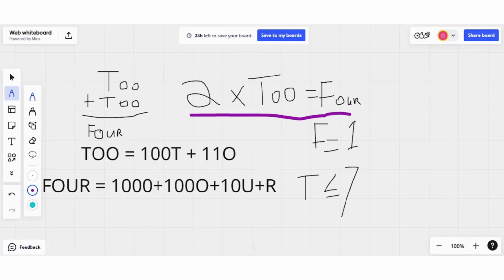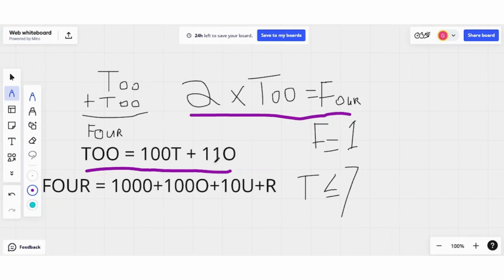And we also know that basically it's 1400 into 2. So 2 into 2 equals to 700. We have this equation here, right? So 2 is 100t plus 11o. So when we multiply this value by 2, we get the value of 700 plus 11o basically.